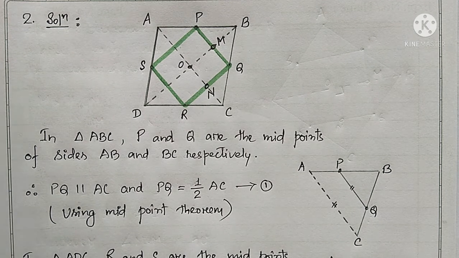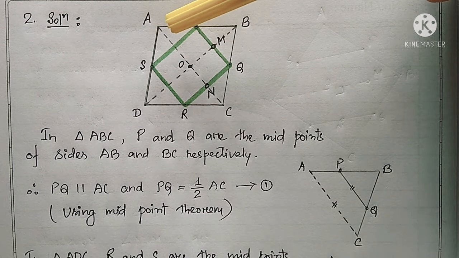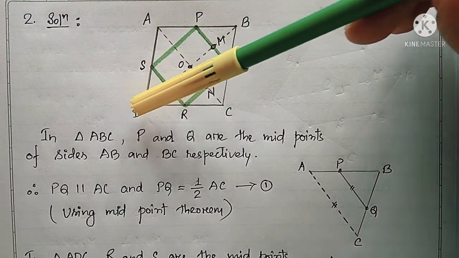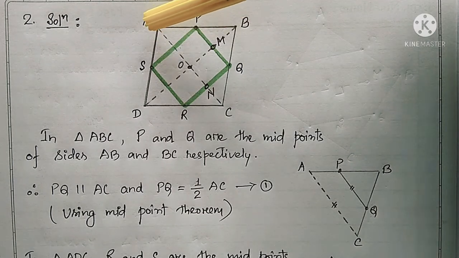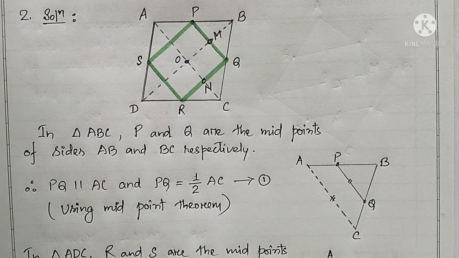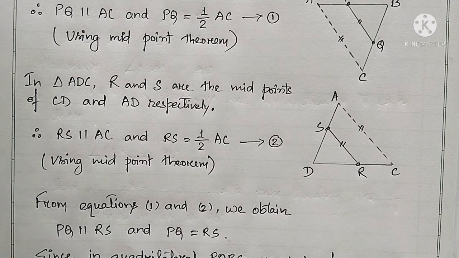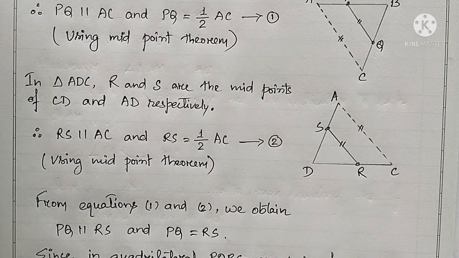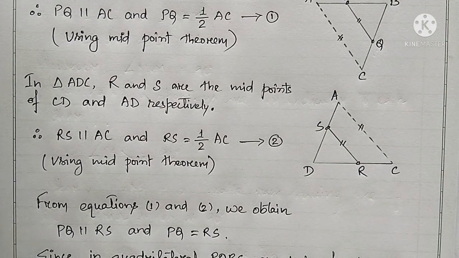After that, if you see the next part, another triangle here again, if you consider the triangle ADC. Another triangle is here, isn't it? So if we consider this triangle, ADC, this one is a triangle here.